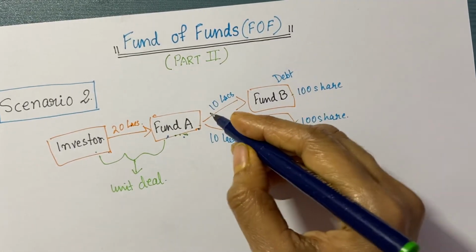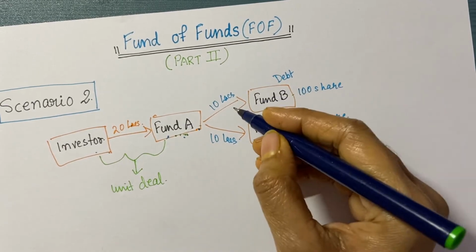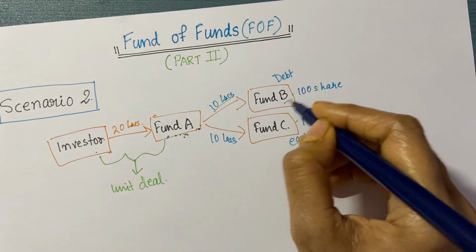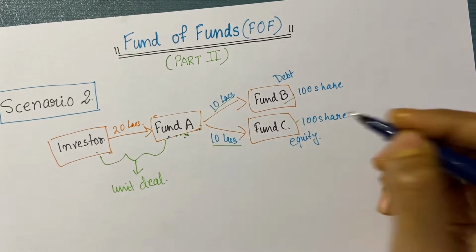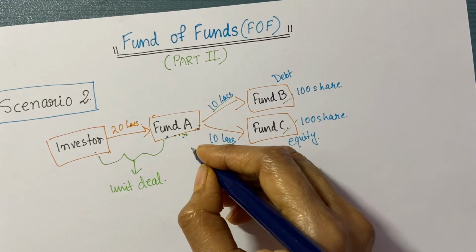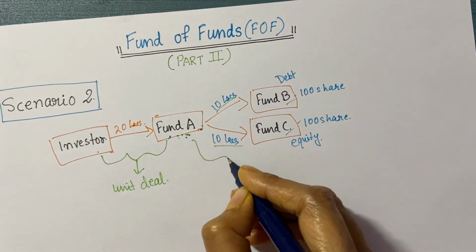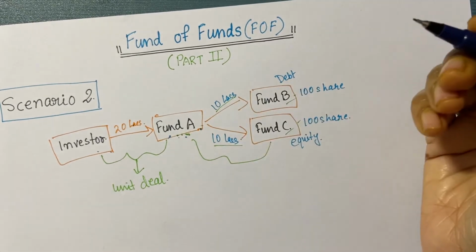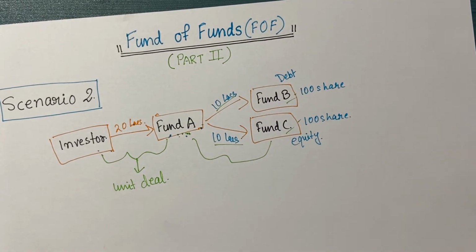Just to make it simpler, I have distributed it 50-50: 10 lakh rupees it is going to invest in fund B and 10 lakh rupees in fund C. So what happens from fund A when there is an investment moving into these funds? Think about it. There is one fund, it is going to buy more shares.